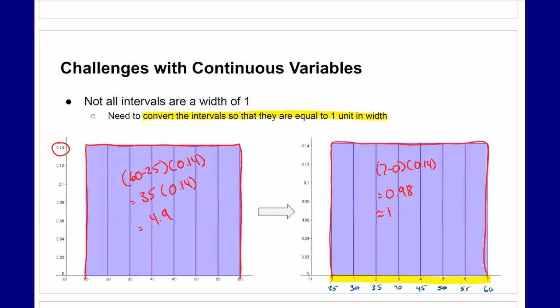Maybe it's a little bit above 0.14, but based on our graph, this is what we see. So we have to rename or convert the intervals, at least in terms of reading the graph, and start with a width of 1, starting at 0 and working our way up. They're still going to represent the actual intervals, but for the purposes of doing the calculations, we convert to widths of 1.